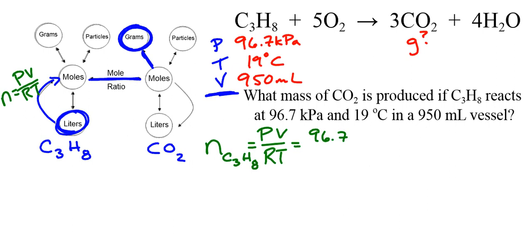So 96.7 kPa. My volume, we learned this yesterday. Your gas constant has some specific units that it has to have, and one of them is liters. So I have 950 milliliters, so that's 0.95 liters. My R value has to correspond to the what? The pressure. So on your sheet, you're going to have a 0.0821.